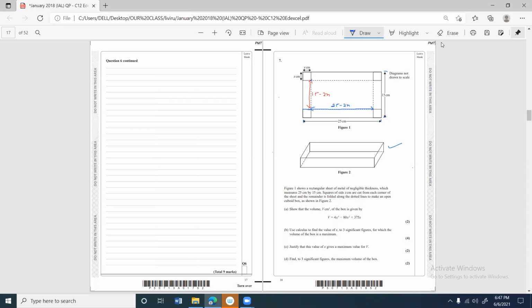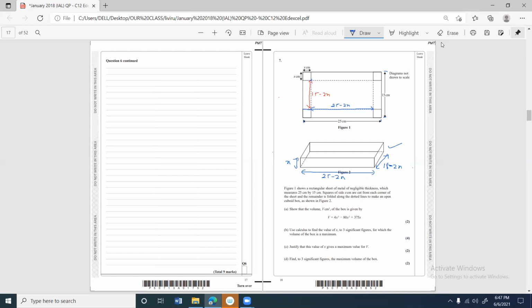Over here we can understand that this length is 25 minus 2x, and this width is 15 minus 2x, and this height becomes x. That is how it comes if you bend from these ends. You just take a piece of paper and bend it like this, and you realize this fact. Show that the volume V of this box is this.